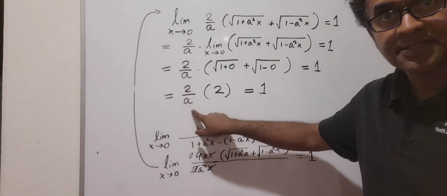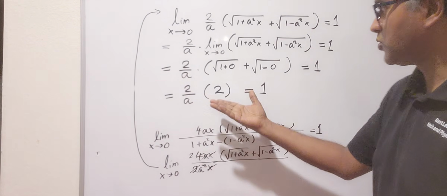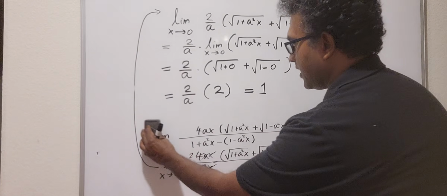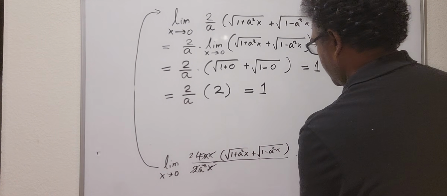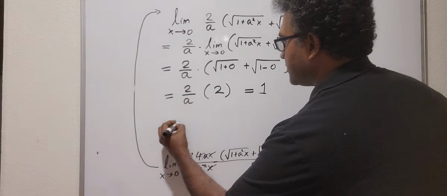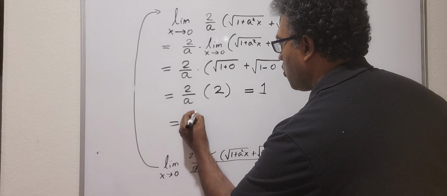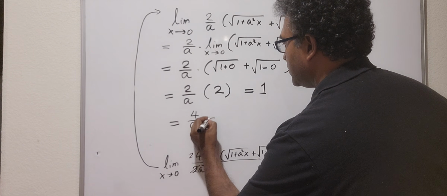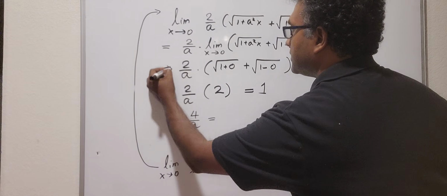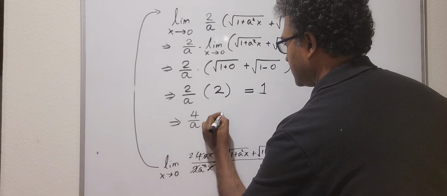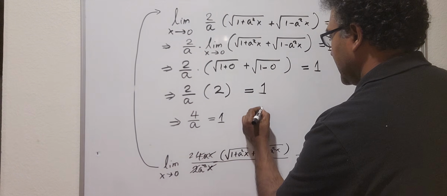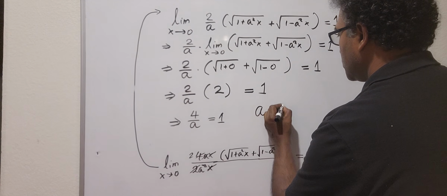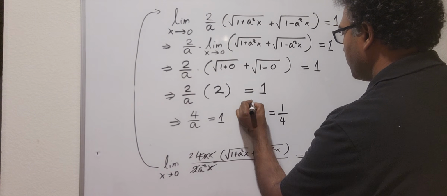And then the answer, they're asking what's a. So you should be able to simplify now. This is 4 over a is equal to 1. And then you can see a is equal to 1 over 4.